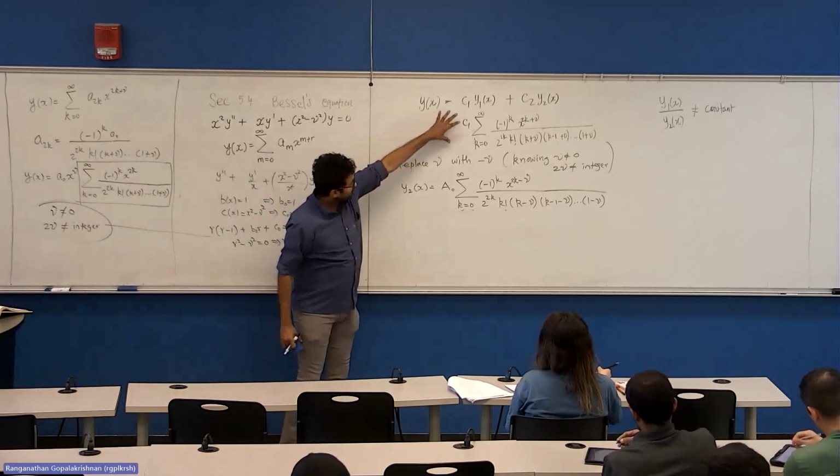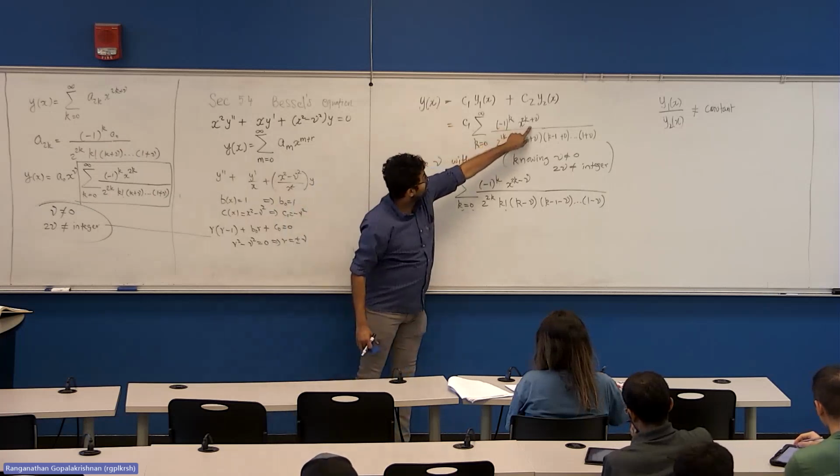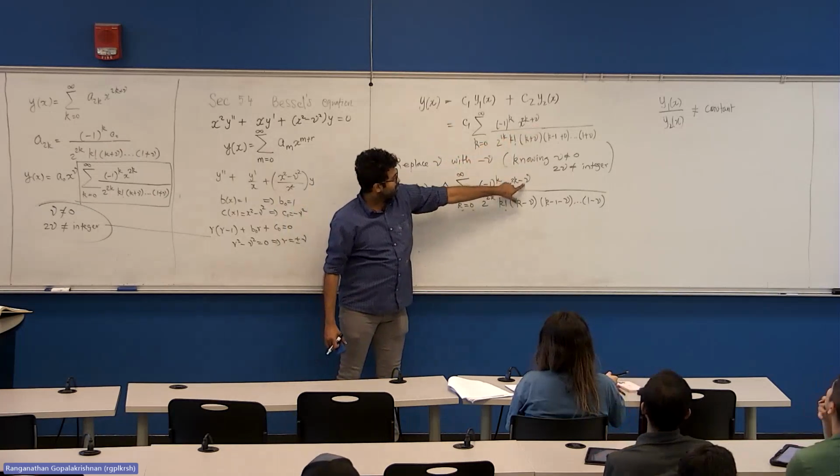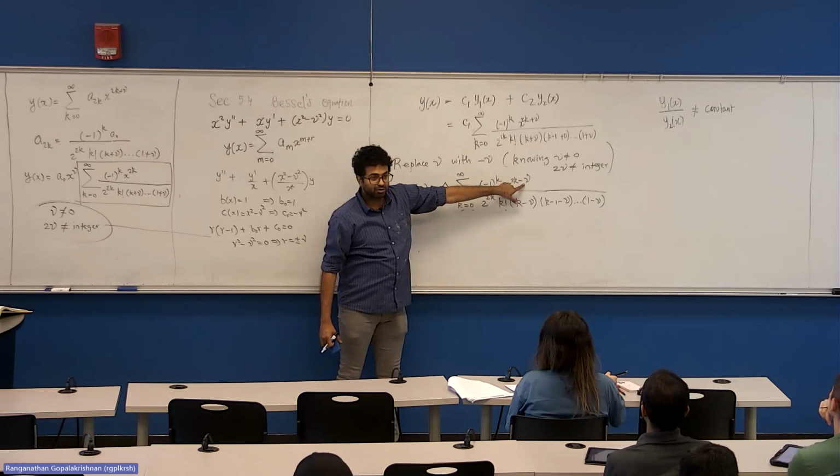So this is a nonlinear function because you are multiplying with x power nu, and this is another nonlinear function because you are again multiplying with x power minus nu.